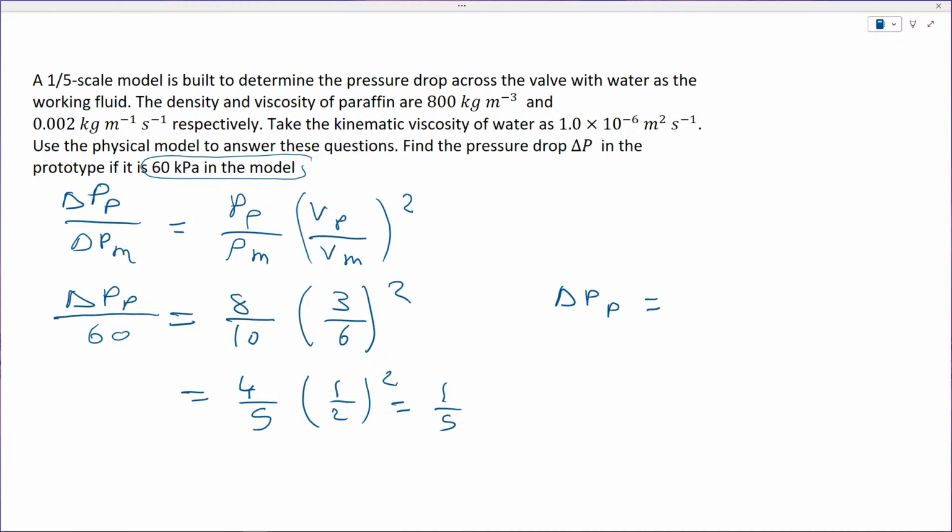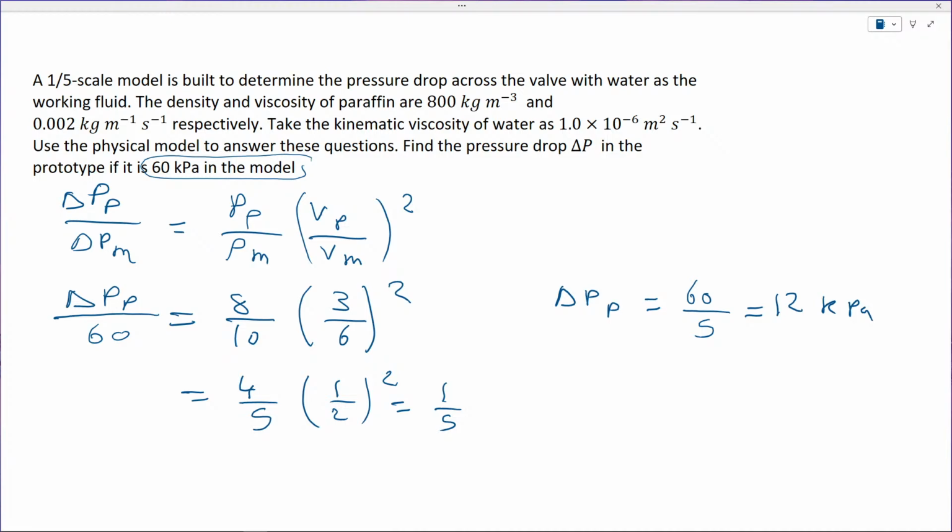160 divided by 5. You just multiply this guy by here, so that's 60 divided by 5, and that will be equal to 12. 60 divided by 5 gives you 12 kilopascal.